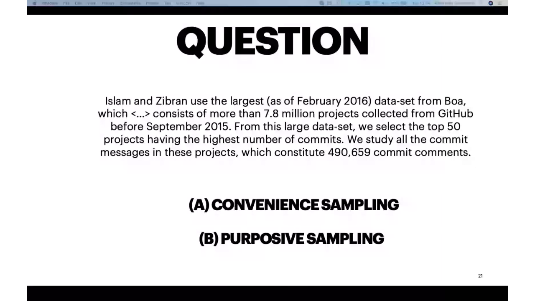Okay, so let us see what the results are. Roughly two thirds of you say this is purposive sampling, and roughly one third thinks that it's convenience sampling.